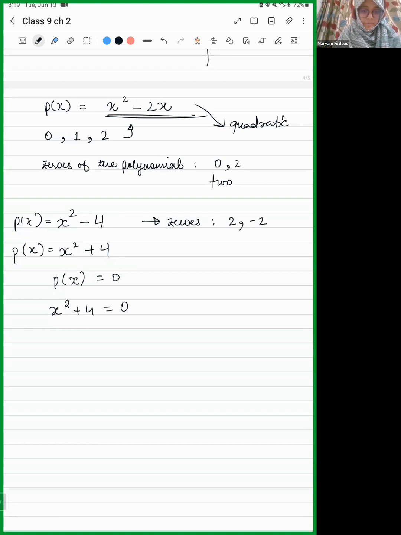Minus 2. Put minus 2 in place of x and tell me what you're getting.